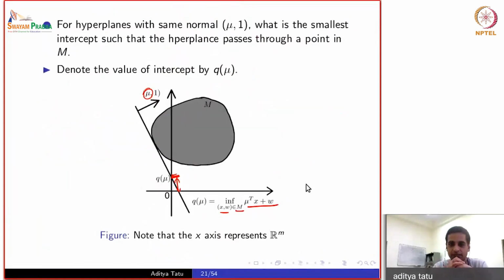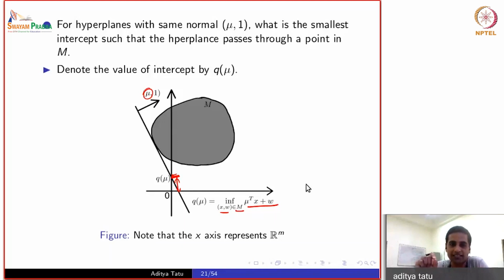Definition of q mu clear. In this picture, I'm not allowing you to change the hyperplane normal. That's fixed to the vector mu1. But I give you the freedom to slide the hyperplane as much as you want.